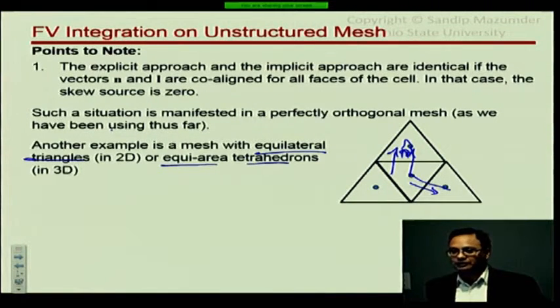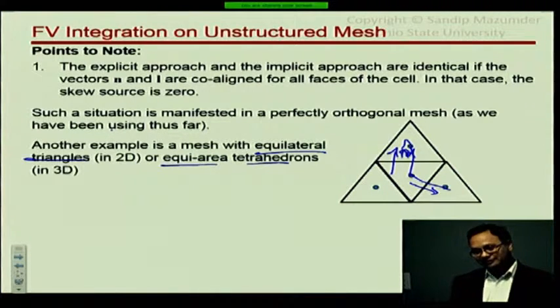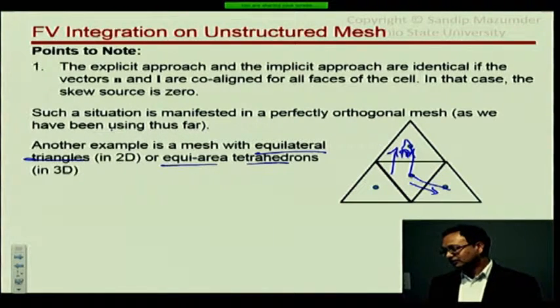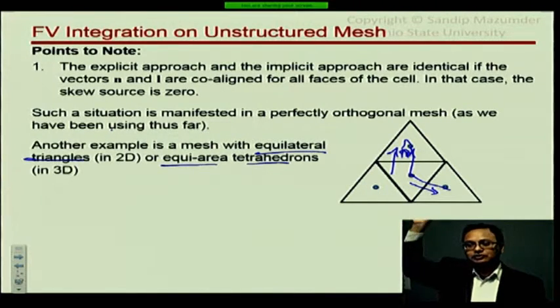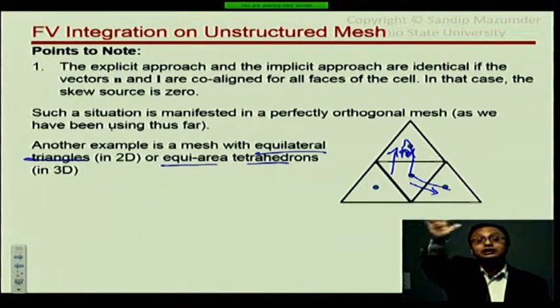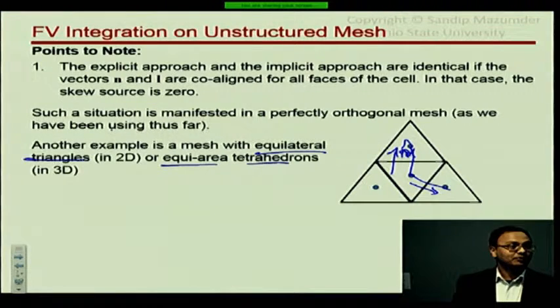Now there are some crappy ones where you will see really bad triangles sometimes. But generally the good ones, if you take, let's say, a square domain and just do an automatic triangular mesh generation, it'll look really nice, and if you look closely, you'll find that almost all of them are equilateral triangles.